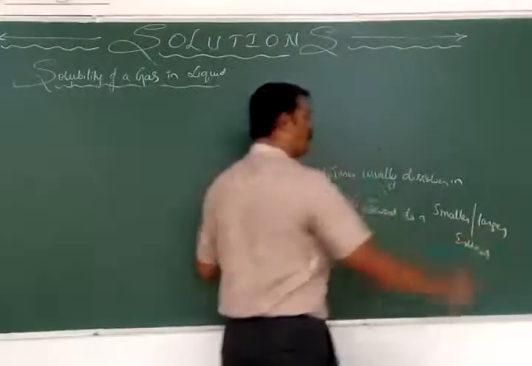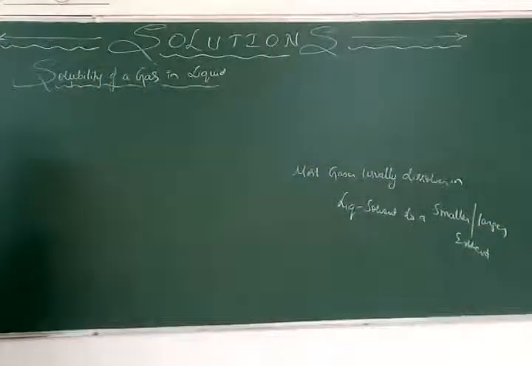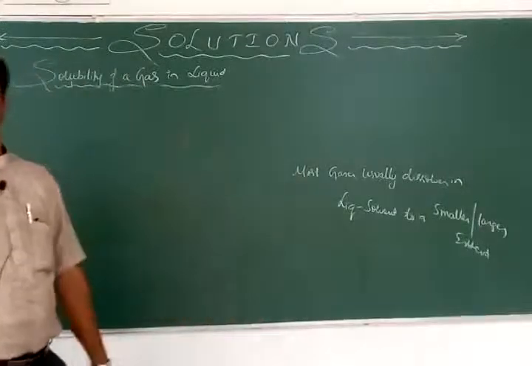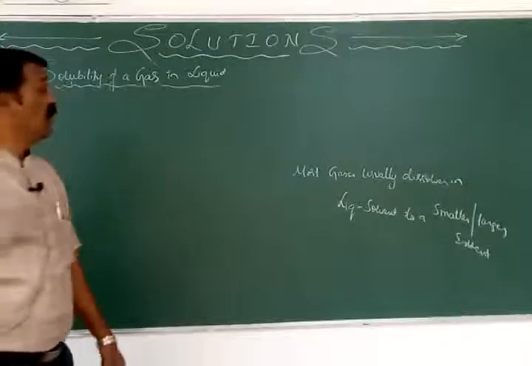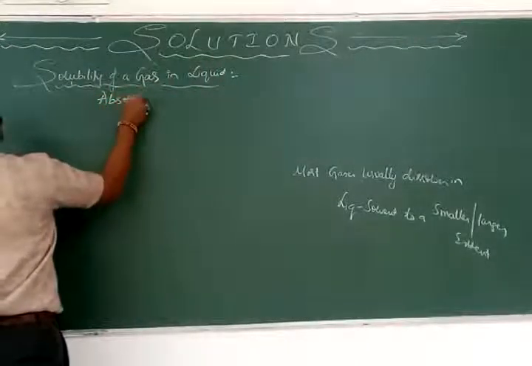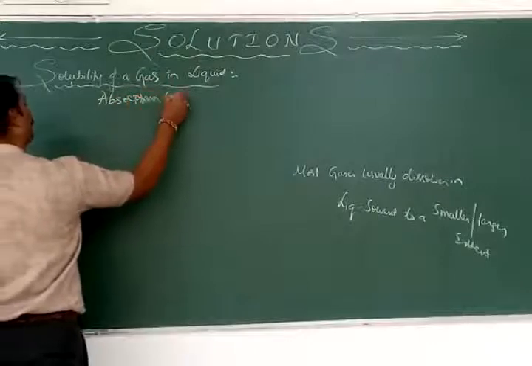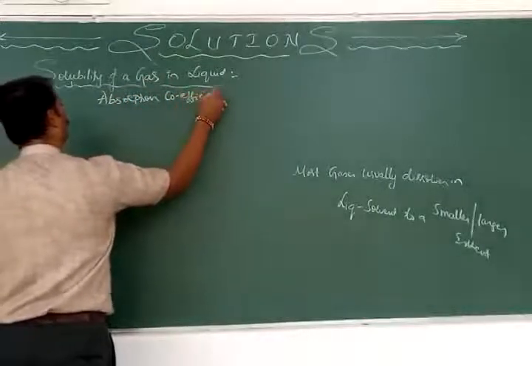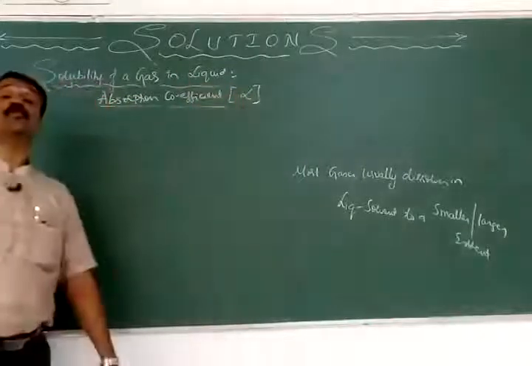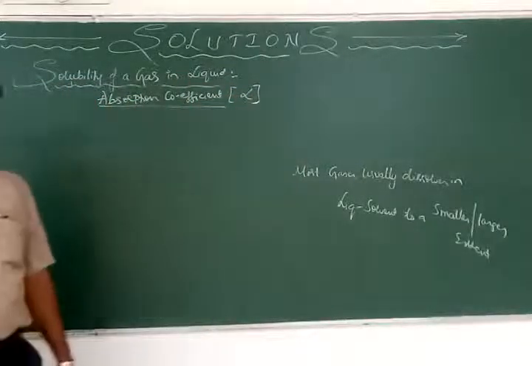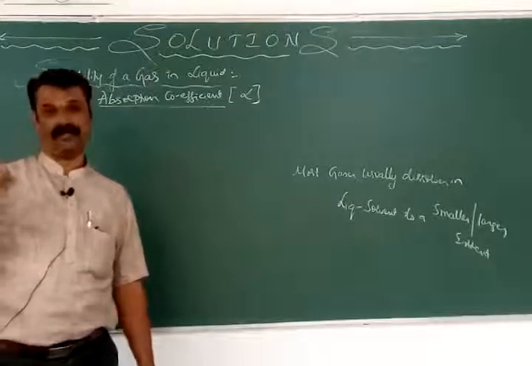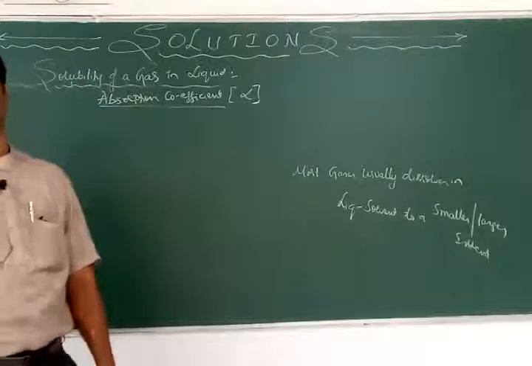Usually, most of the gases are soluble in the liquid solvent, either to a smaller extent or a larger extent. And this is decided by its absorption coefficient. Absorption coefficient. Means who absorbs who here? Gas is absorbed by the liquid. Means the gaseous solute is absorbed by the liquid solvent.